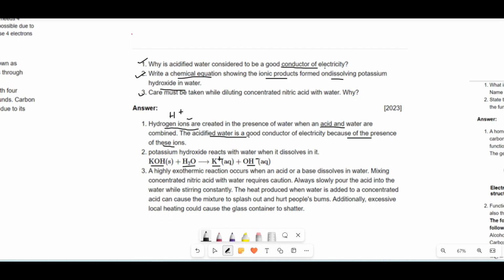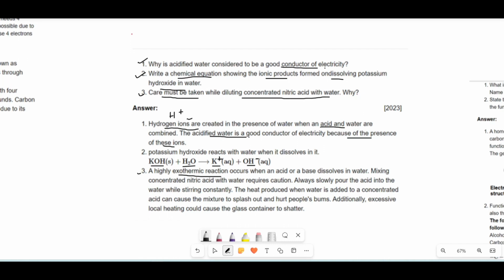Now, the third question. Care must be taken while diluting concentrated nitric acid with water. Why? This is because it's an exothermic reaction when an acid or base dissolves in water. Mixing of concentrated nitric acid with water requires caution.